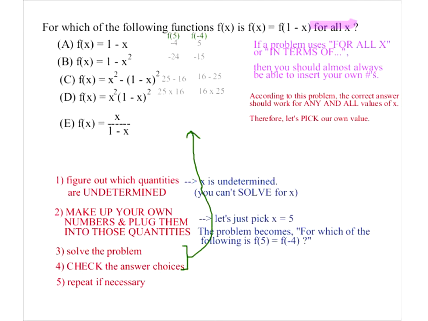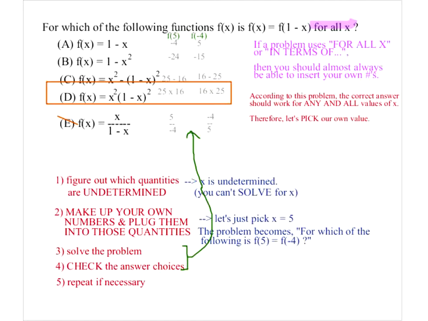We can't stop here because we have to check all the choices, because it is possible to get a coincidence, unlike last method. So we do have to keep trying here. This is going to be 5 over -4, and this is going to be -4 over 5. So there is only one choice that works in this case.